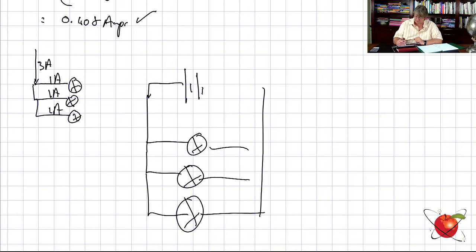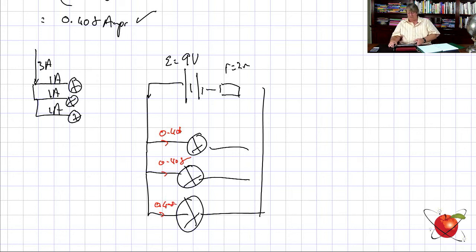Internal resistance. They've told us this is 9 volts EMF and r is equal to 2 ohms, and each one of these. Now, they've told us that the maximum current here has got to be 0.408. So what do I have to do?